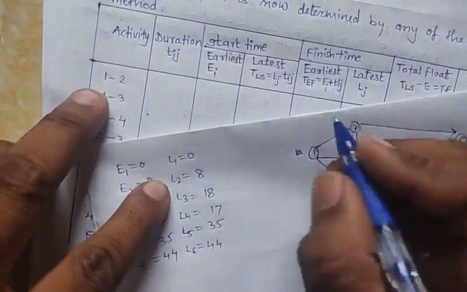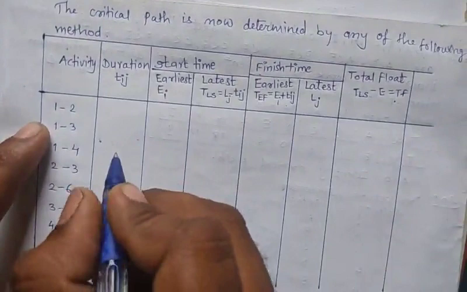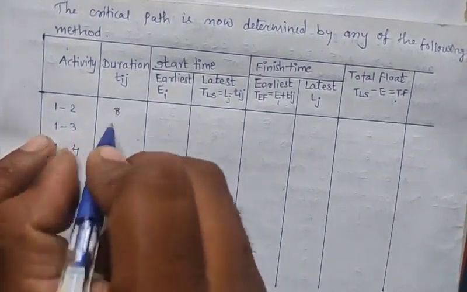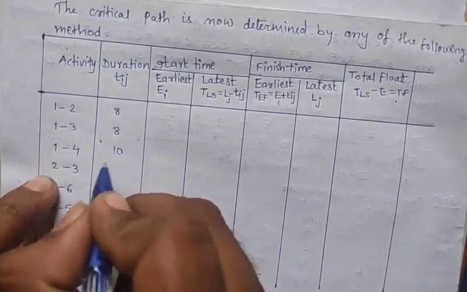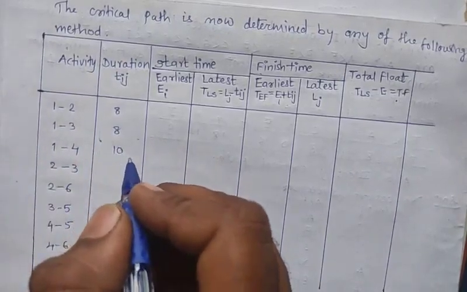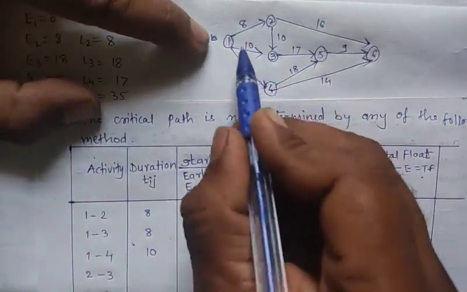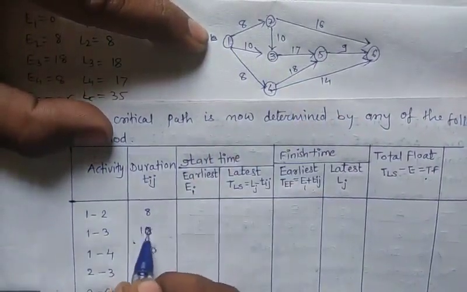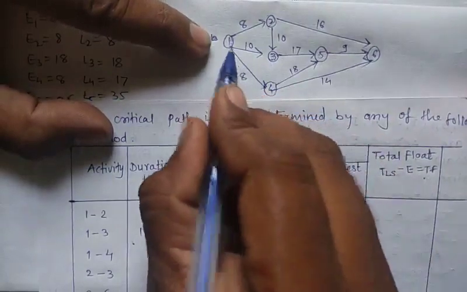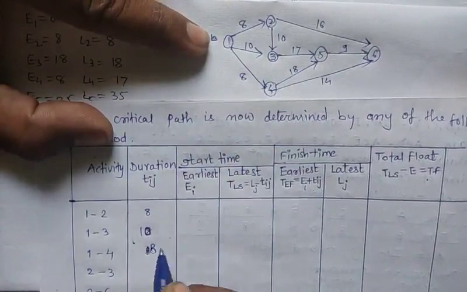Now we write the time duration. For each activity, we have given its time duration in the chart. In this chart, 1-2 has time duration 8, 1-3 has time duration 10, 1-4 has 8.